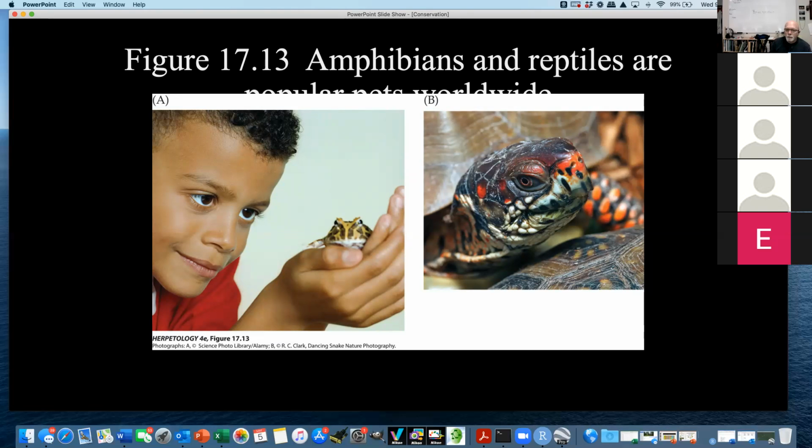Many states prohibit the movement of red ear sliders because people get them as pets. They get tired of them as they get older and bigger, and then they release them to the wild. So now you have a conservation problem from removing red ear sliders from their native range and decreasing populations there, and then add to that the additional problem of releasing those animals into areas where they're not native, where they then either compete with native species or prey upon native species, or both.